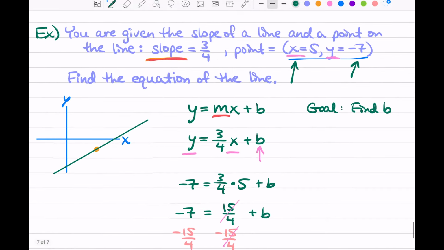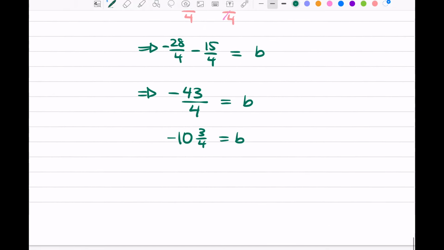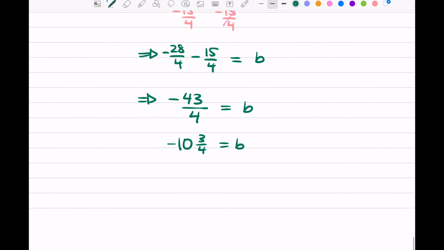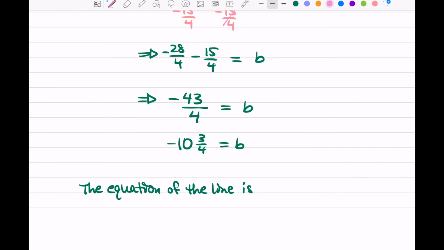So we know what m is. We were given m. We figured out what b is, so we can write the equation of the line. So we say the equation of the line is, well, what's our general form? We have our y equals mx plus b.